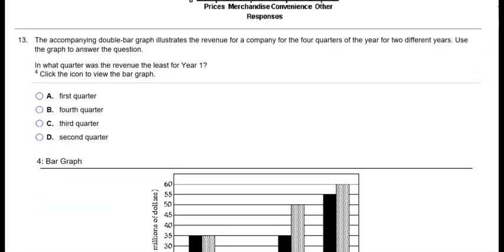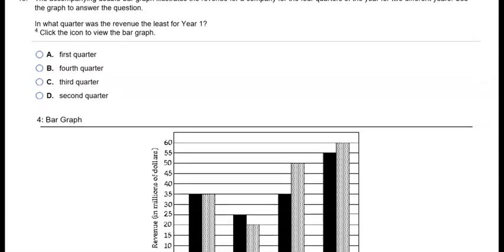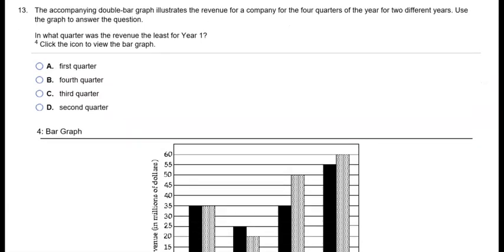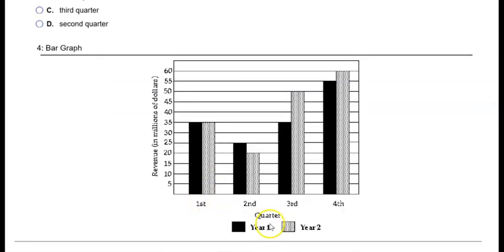Question number 13. The accompanying double bar graphs illustrate the revenue for the company for the 4 quarters of the year for 2 different years. Use the graph to answer the question. So this is each quarter's revenue in the first year and second.